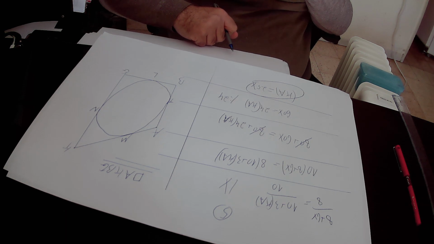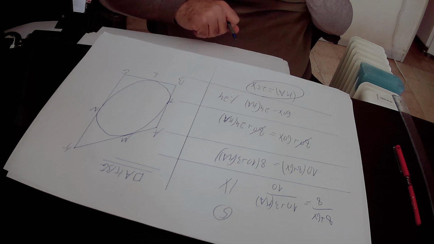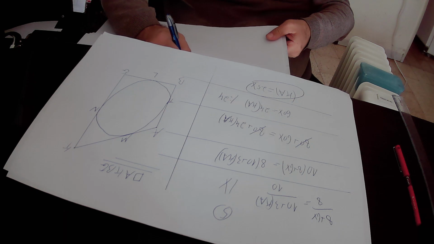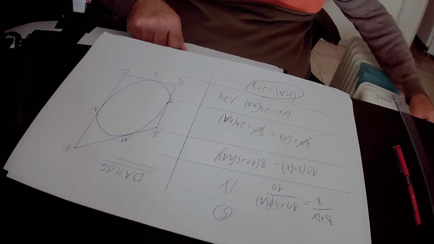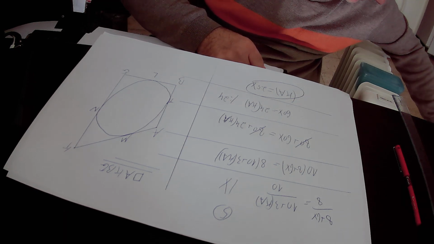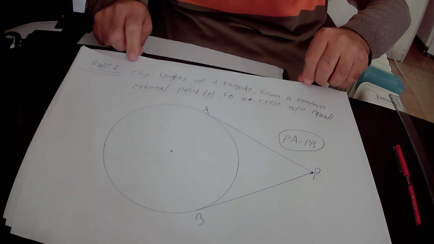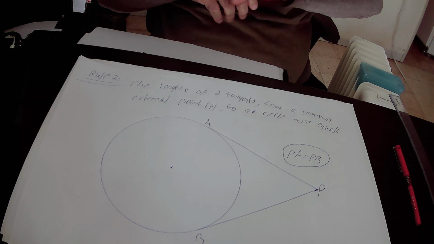In the next step, I present to you rule number 2, and we will implement rule number 2 in our drawing. According to rule number 2, the lengths of two tangents from a common external point to a circle are equal.